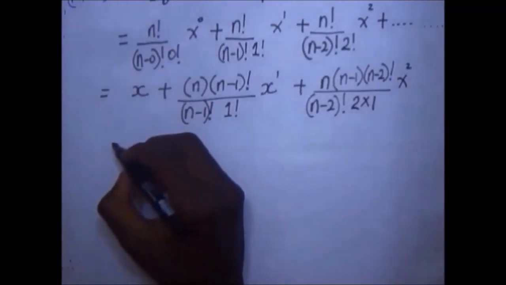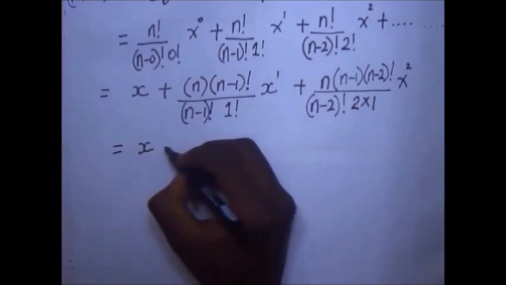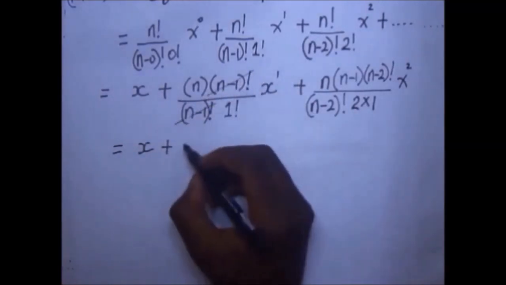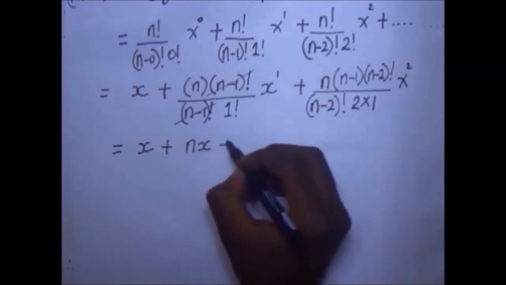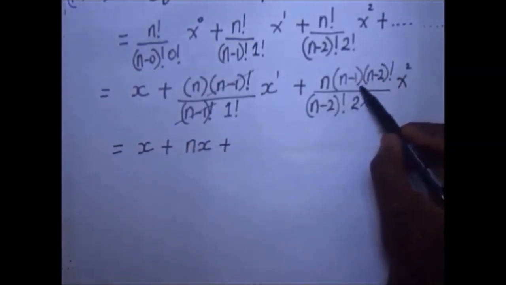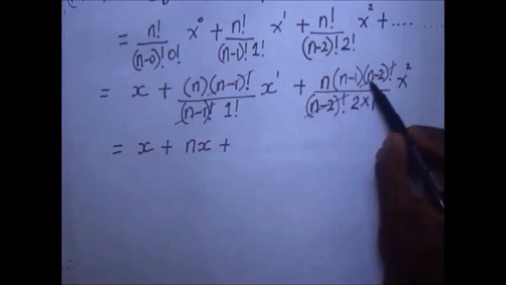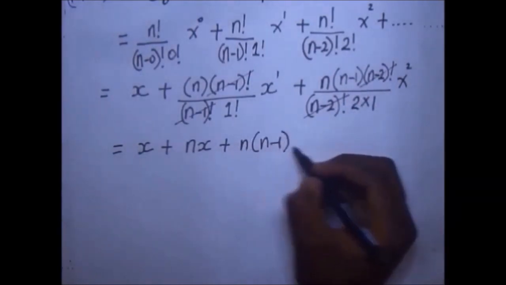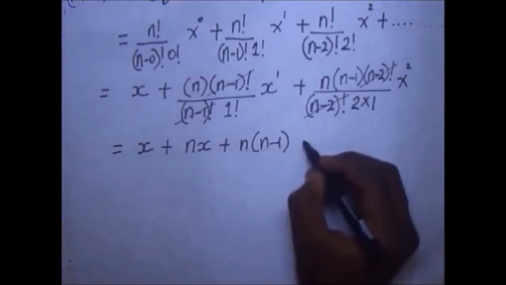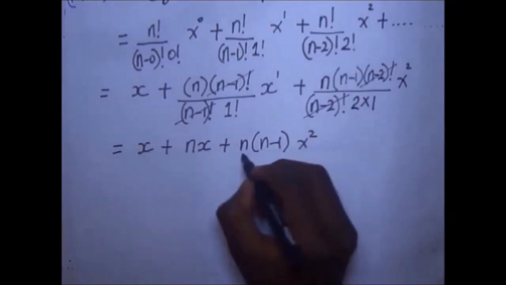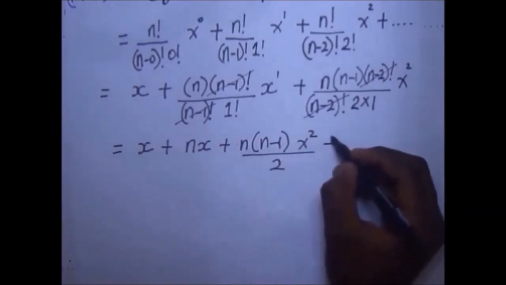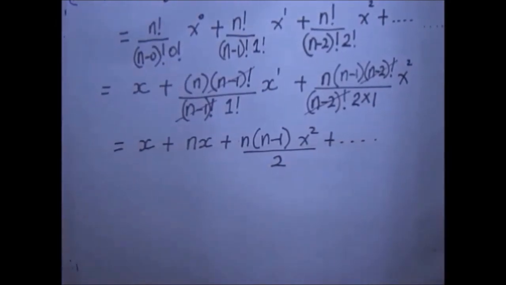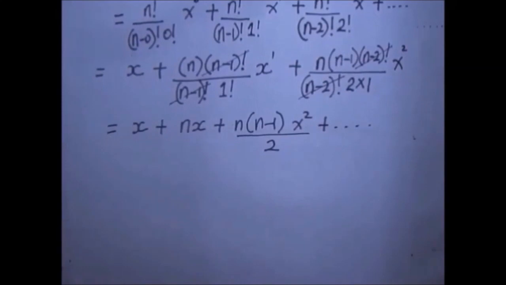So we shall end up with x plus, this will cancel with that, you remain with plus nx, plus this will cancel with that, so we remain with plus n into n minus 1, that is x squared over 2, plus until the series continues, you continue with the next term x to the power 3, and so on.